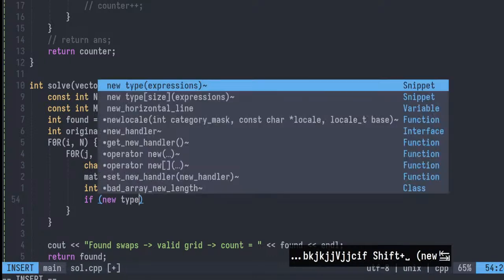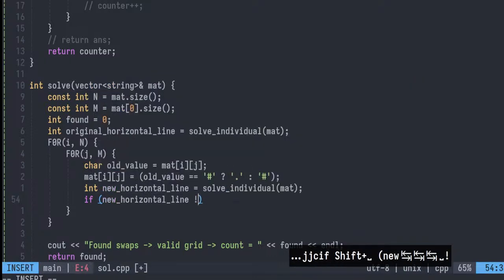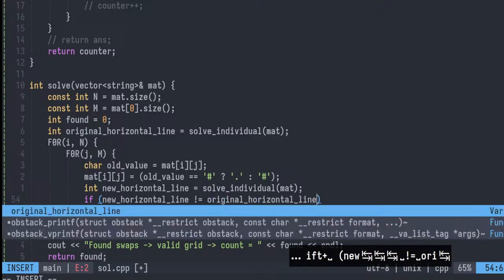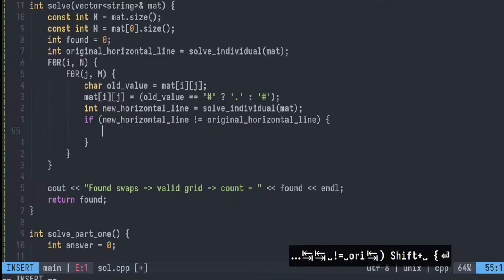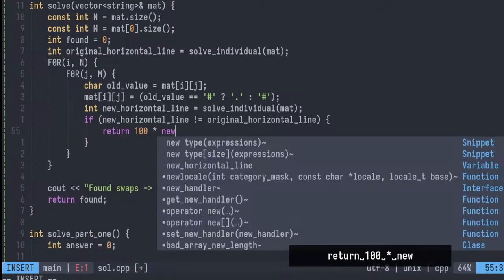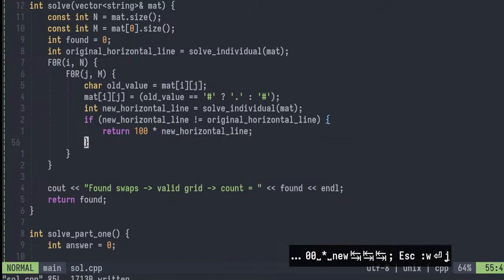If horizontal line is not equal to original horizontal line, then this is what we want, and I can return 100 times new horizontal line here. I think this should be good.